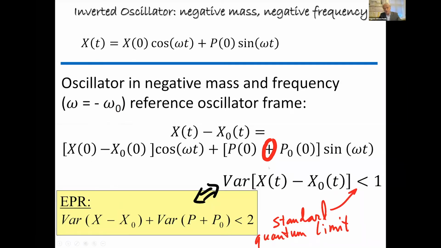And it is possible to demonstrate that, up to certain conditions, there is an equivalence between the entanglement and the ability to observe the motion of my oscillator with respect to the reference oscillator with arbitrary accuracy.